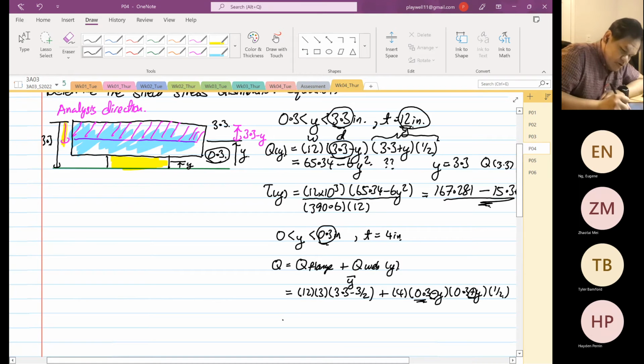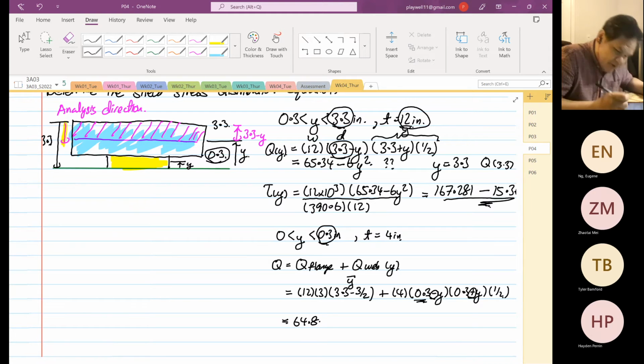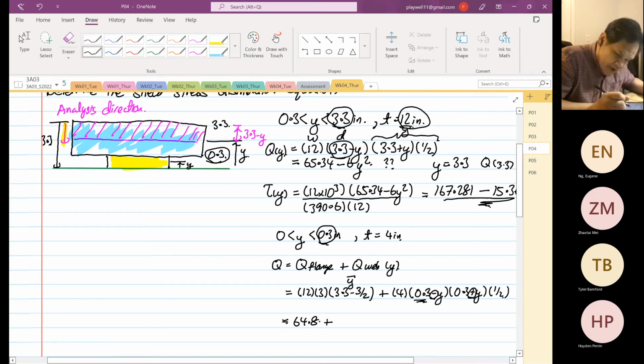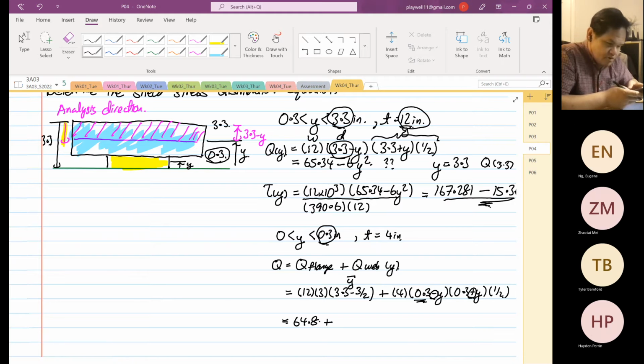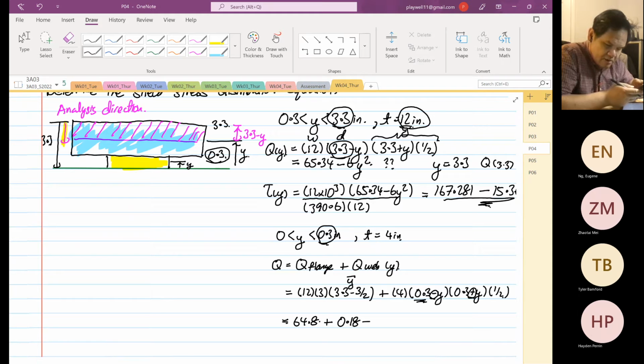Okay. So this will come out to be 3.3 minus 1.5, times 12 times 3, is equal to 64.8. I think we got this value before, but I just calculated again. Times 3 times 12, 64.8, plus 4 times 0.5 times 0.3 times 0.3, which is 0.18, minus 12 times 0.3 times 0.3 times 0.5, 0.18, minus 4 times 0.5, 2y squared.